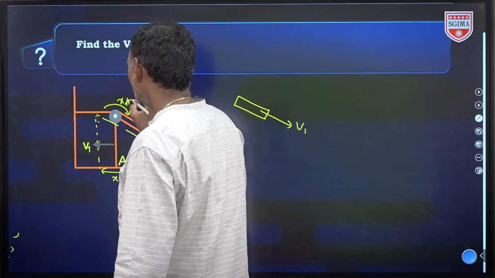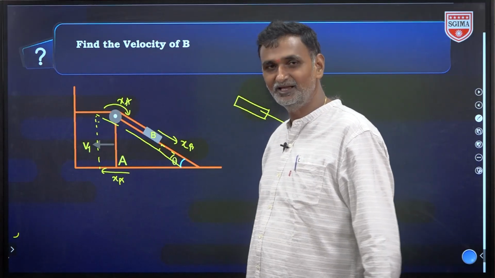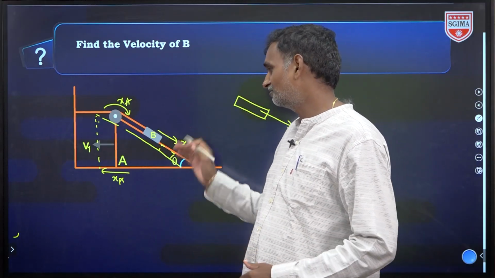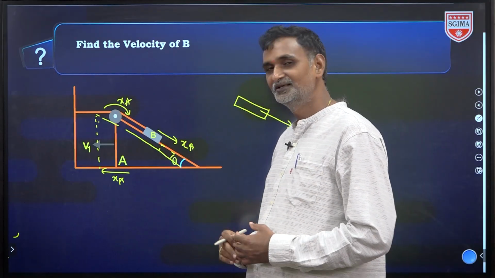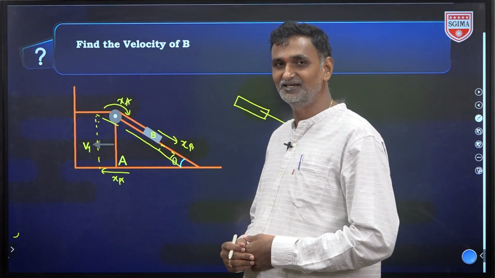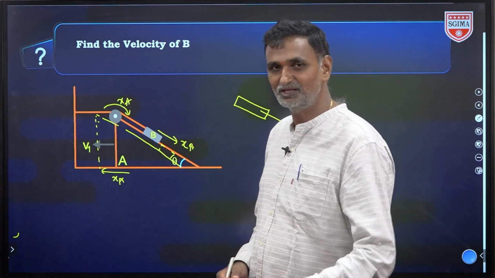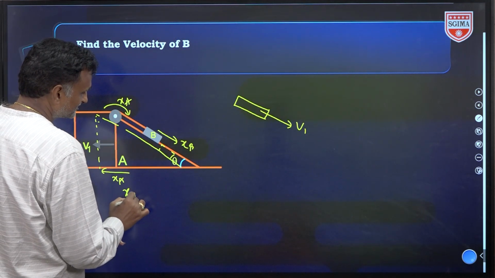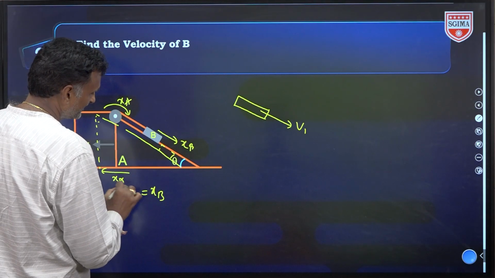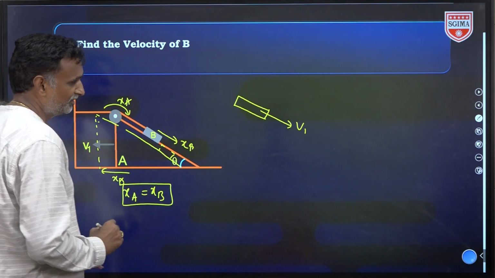So xb equals xa. Whatever terms I have used in the last questions, xa and xb, both are the same. So we can simply indicate xa equal to xb.